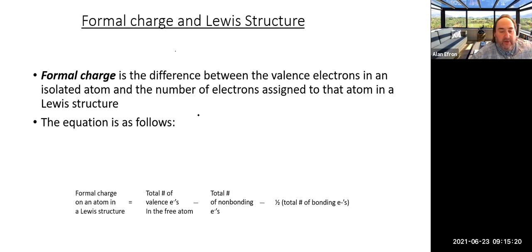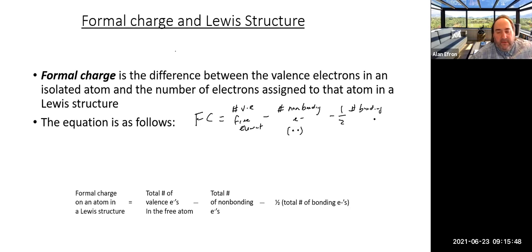Basically, the formal charge is the number of valence electrons in the free element minus the number of non-bonding electrons, those are the dots in a Lewis structure, minus 1/2 the number of bonding electrons, which are the lines in the Lewis structure.